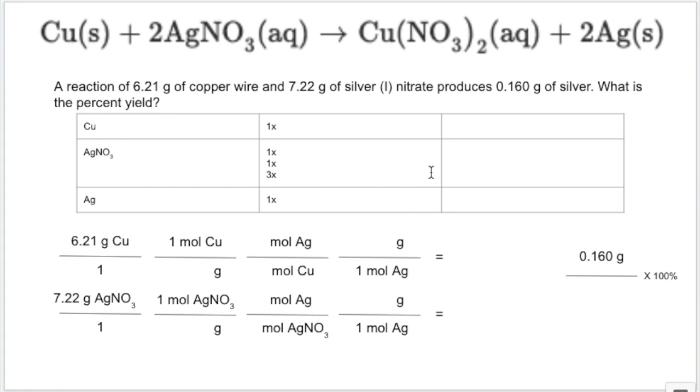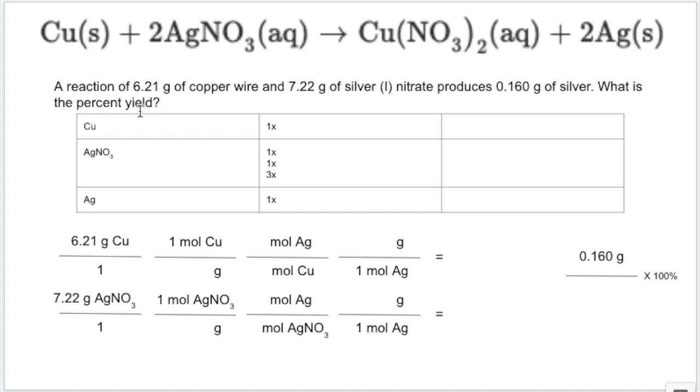I would add those all together to find the molar mass of AgNO3. And for the molar mass of silver, there's just a single silver atom, so 1 times 107.87, it'll just be 107.87.